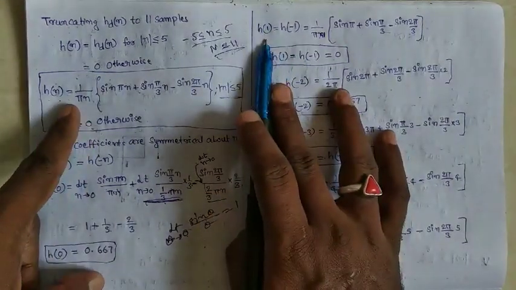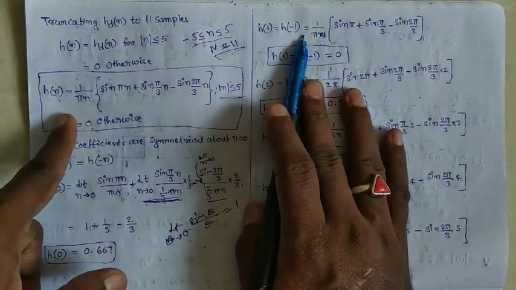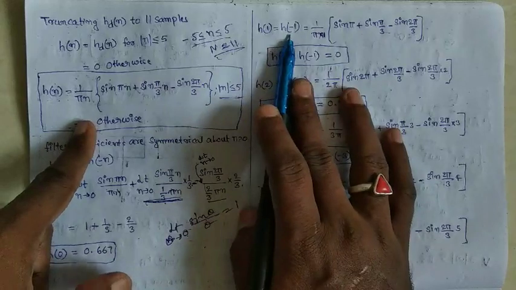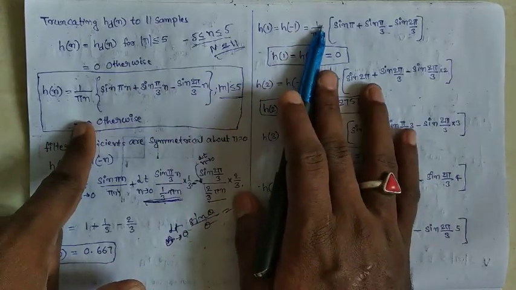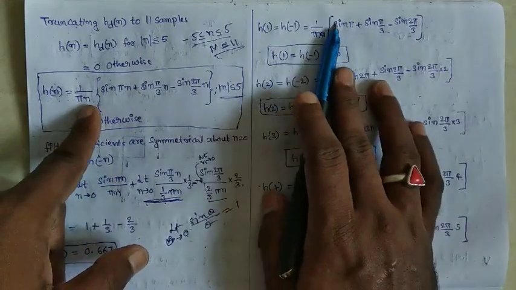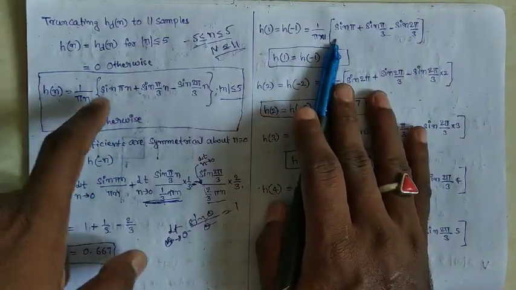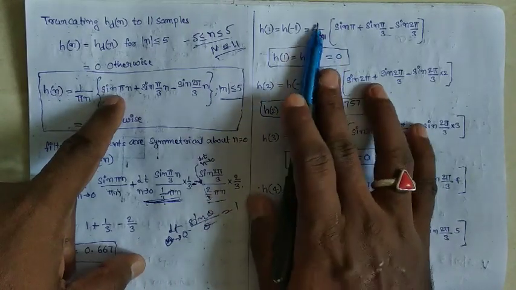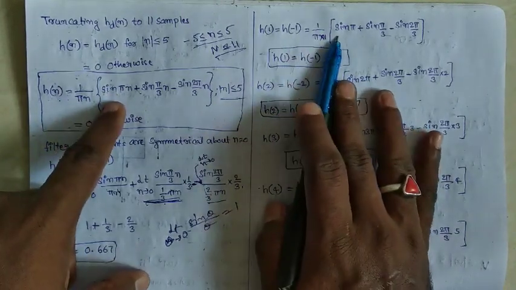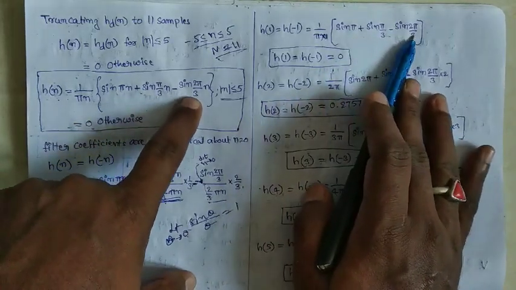Similarly, n is equal to 1, meaning h of 1 is equal to h of minus 1, since h of n is a symmetrical impulse response. Substituting n equal to 1 in this equation: 1 by pi into sin pi plus sin pi by 3 minus sin 2 pi by 3.